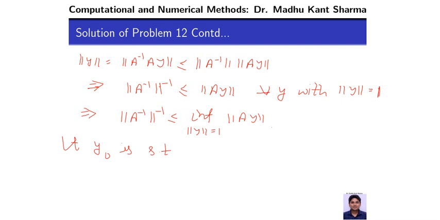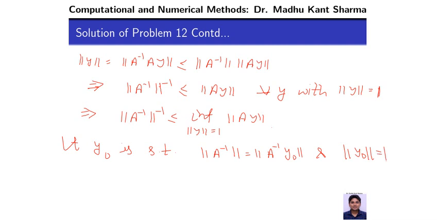Such a y naught exists. Why? Because of the previous result that there exists x such that norm of Ax equals norm A. So you will always be able to find such a y naught, so norm A inverse equals norm A inverse y naught with norm y naught equal to 1.